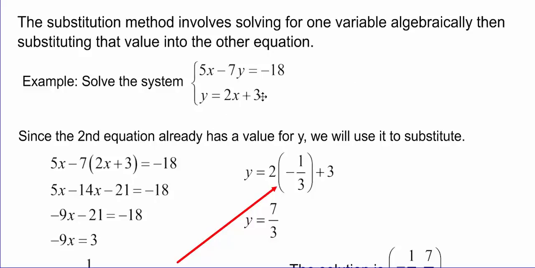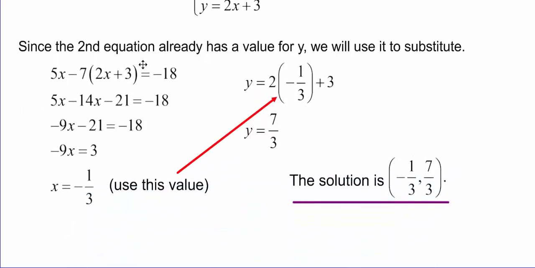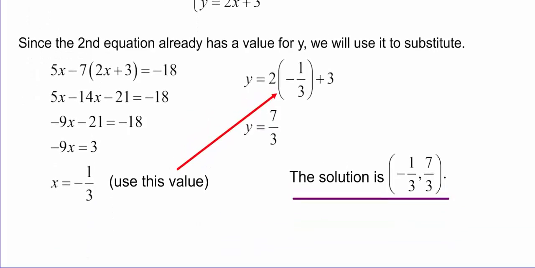Now here's the system I'm going to use as the example. You can see it here, and nicely it's already set up where y equals 2x plus 3. I'm going to let you guys follow through the algebra steps, but essentially I just rewrote the first equation, and instead of writing y, I wrote 2x plus 3, which is just from that second equation. And then it's a matter of using the distributive property, combining like terms, dividing, and then once you divide, you plug in the value to, you can choose either equation.